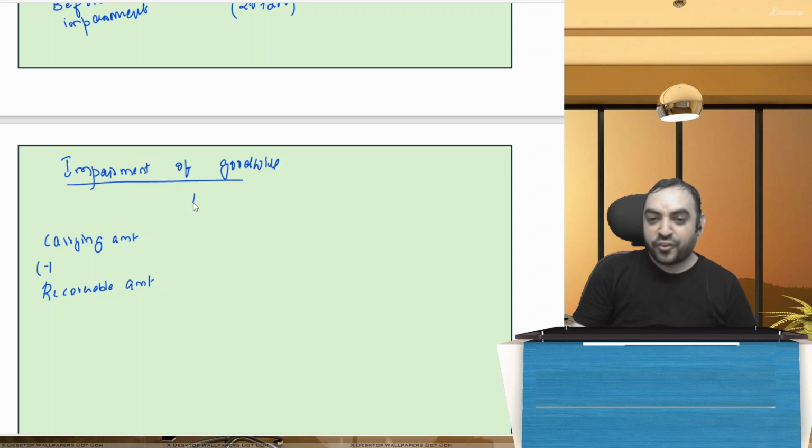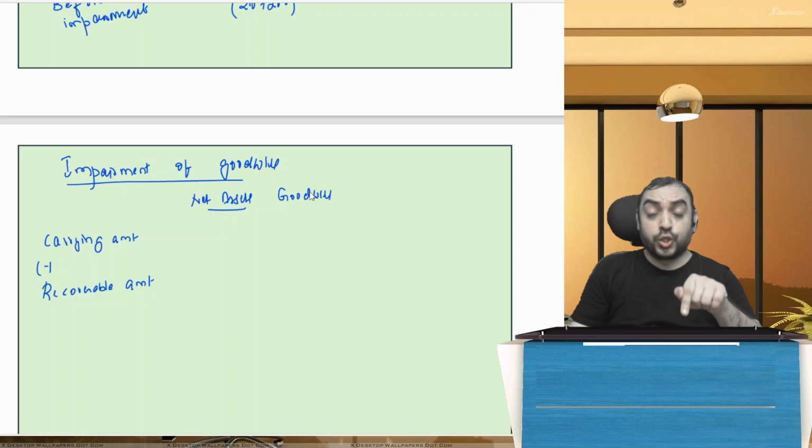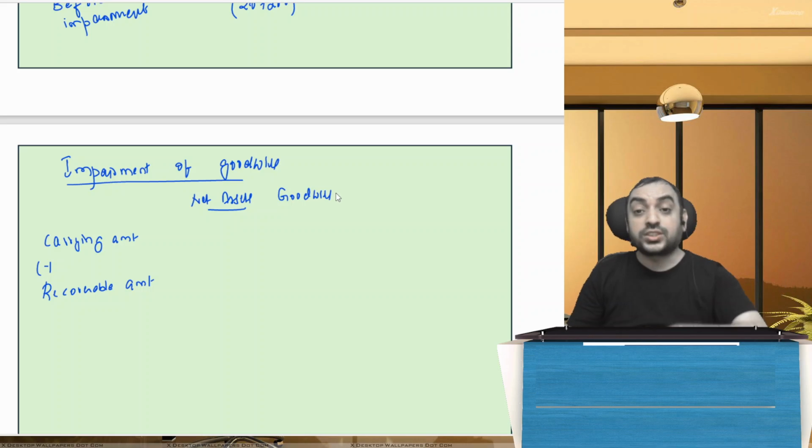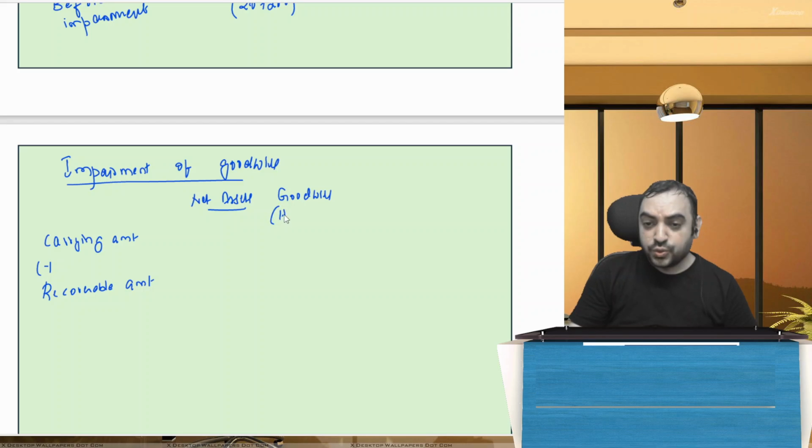So one column will be for net assets, one column for goodwill, but in this problem, because goodwill is only related to holding company share, I will also do grossing up, so I will call it goodwill relating to holding company share and then goodwill related to NCI share. And then I will do the total.